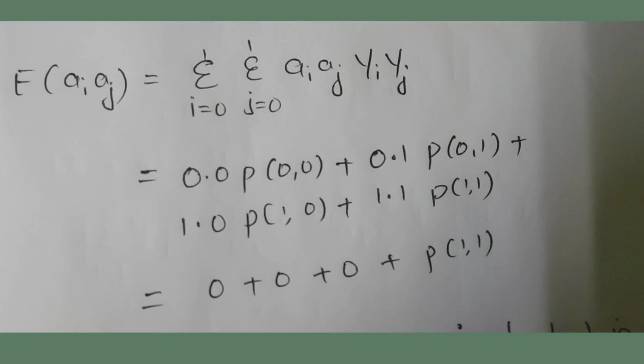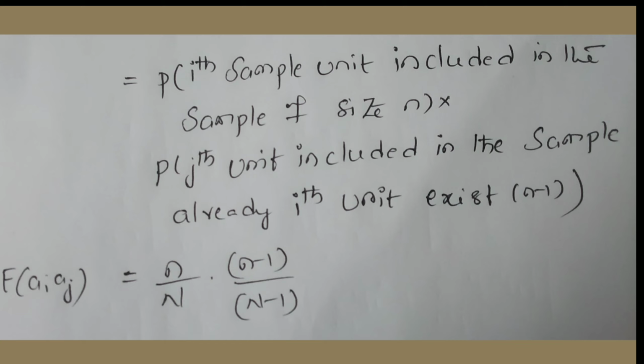This is similar to conditional probability. From the conditional probability, p of ai equals 1 into p of aj given ai equals 1, that is the probability of the ith unit being included in the sample of size n, into the probability of the jth unit being included given that the ith unit already exists, with n minus 1 samples remaining. That equals small n by capital N into small n minus 1 by capital N minus 1.